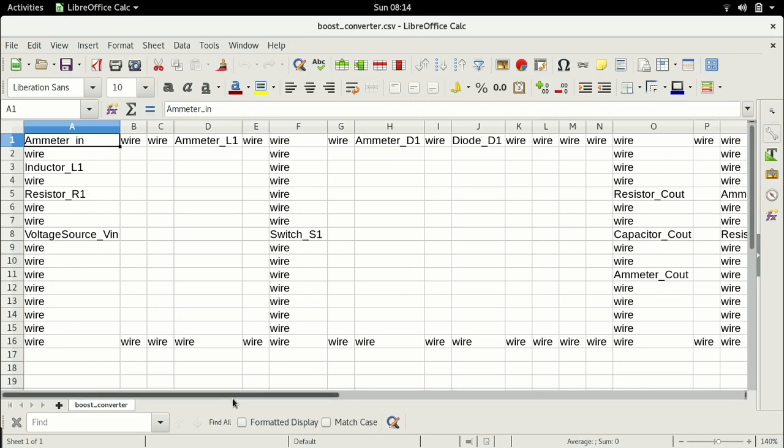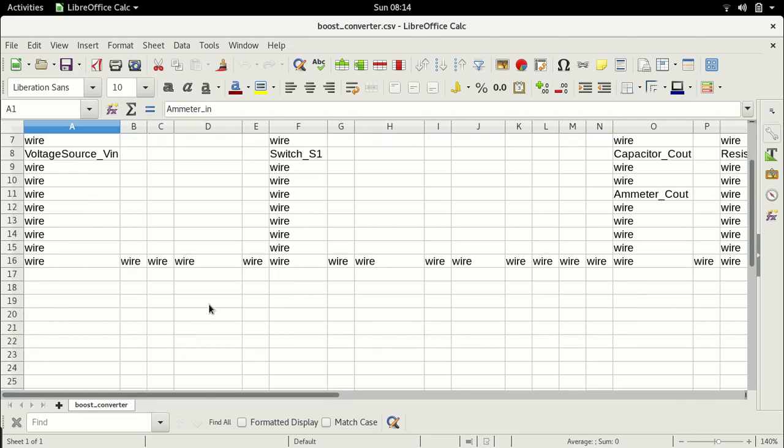Right? So now the question which I want to talk about is, we saw earlier that the output is related to the input by the formula 1 divided by 1 minus d. Right?